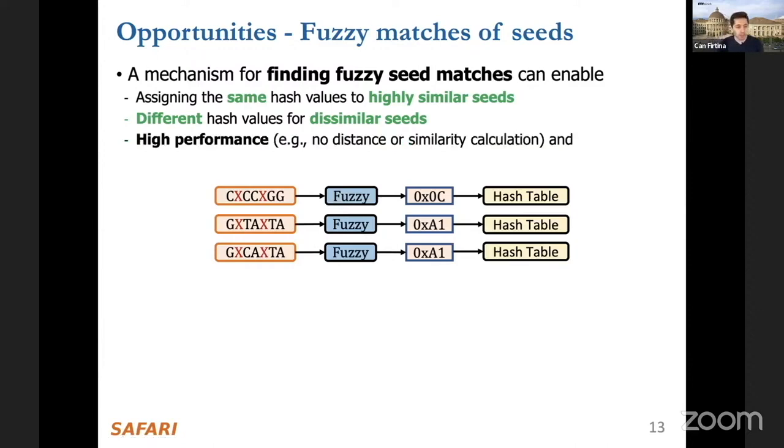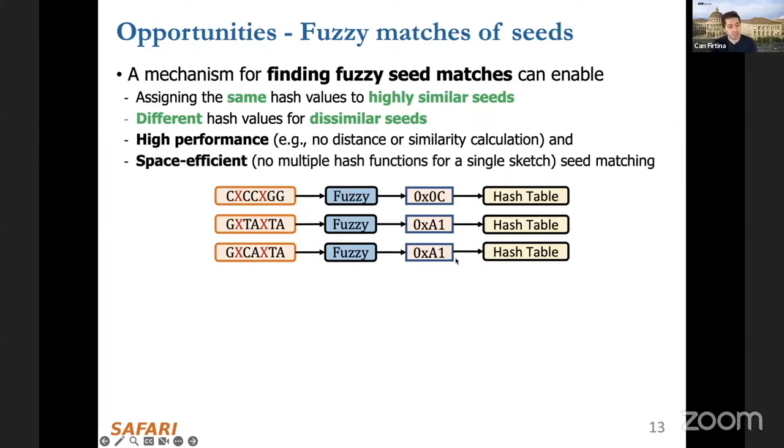So we also want to do it with high performance, meaning we don't want to calculate the distance or similarity calculation between these seeds. We want to generate these hash values very efficiently without any distance calculation.